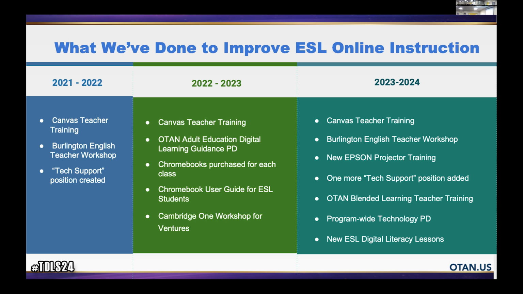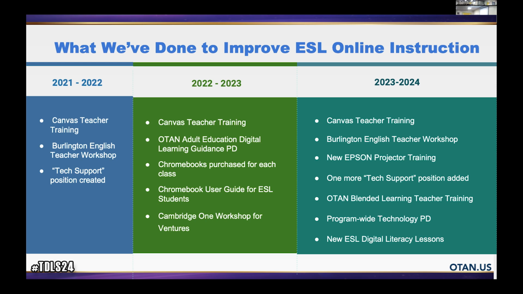And now this year, we keep our Canvas training for our teachers. So this is the third year, so we should see some results right after 3 years of training. Then this year, we have another Burlington English workshop in our school, in person.